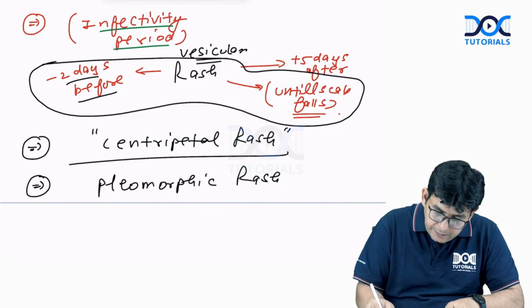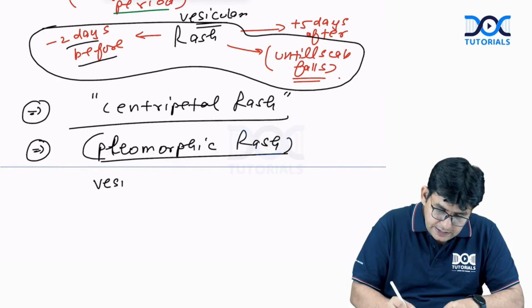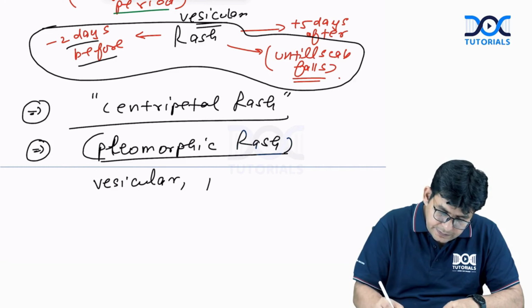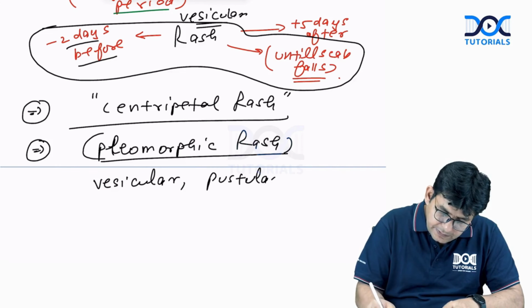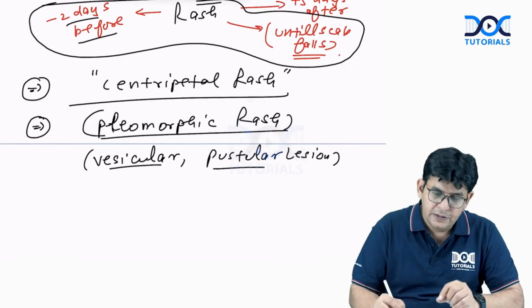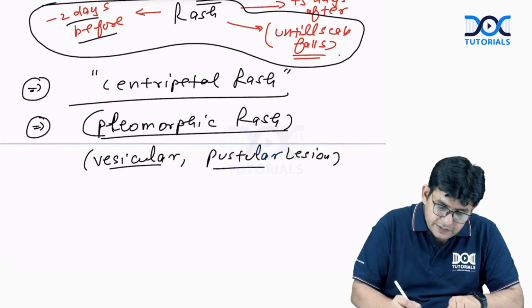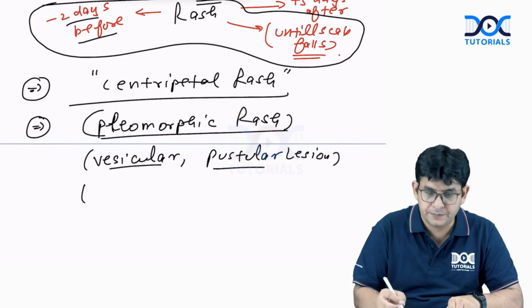Why? Because sometimes it is vesicular, and at the same time in a nearby lesion you will see pus. So it can be a vesicular lesion, it can be a pustular lesion, and that is correctly described as what?